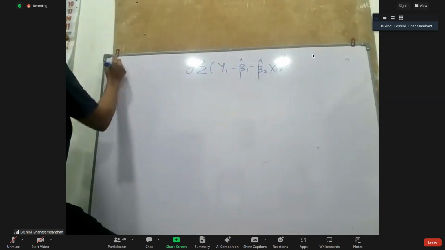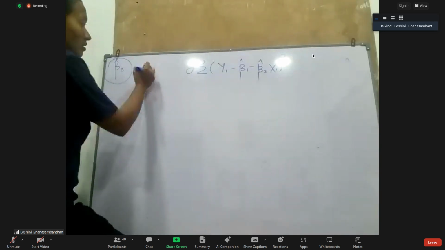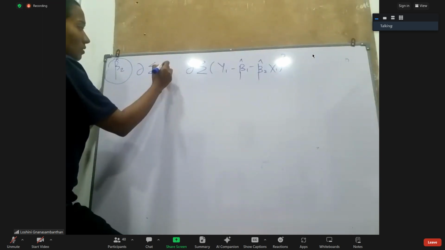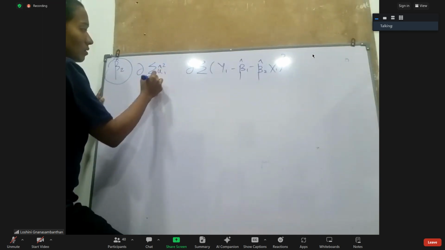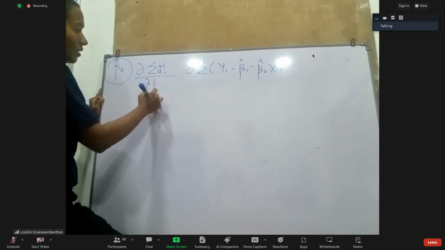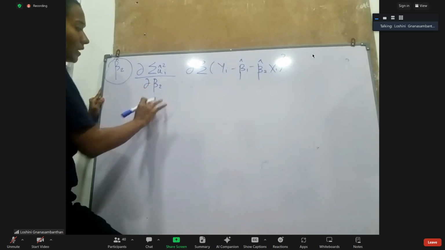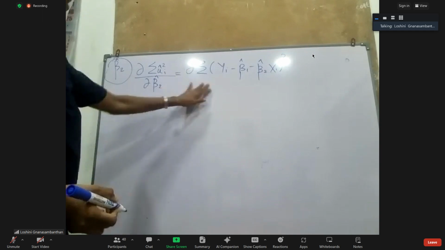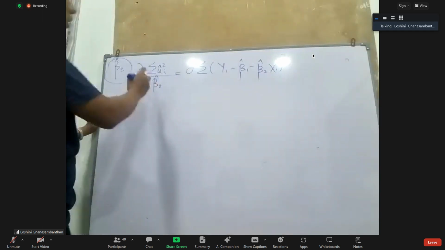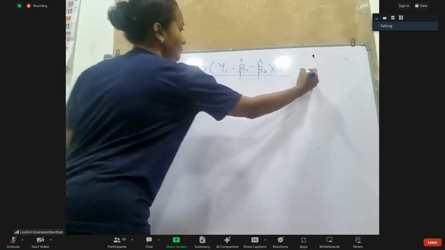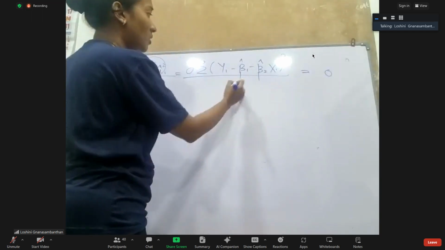Now we are going to do it for beta hat 2, right? So sigma u squared partial derivative of beta 2, this thing will be equal to this. We are going to equate this to 0.